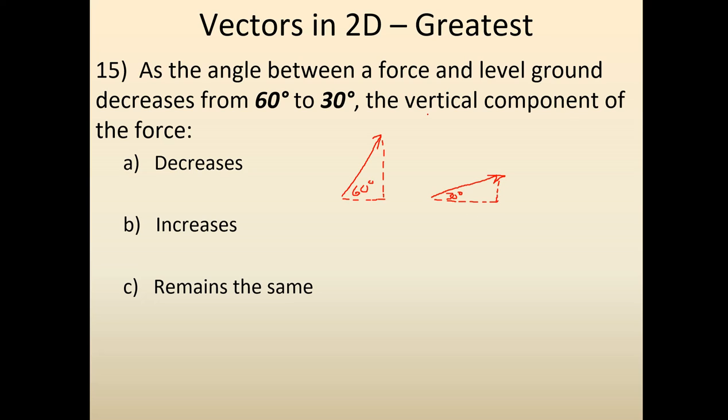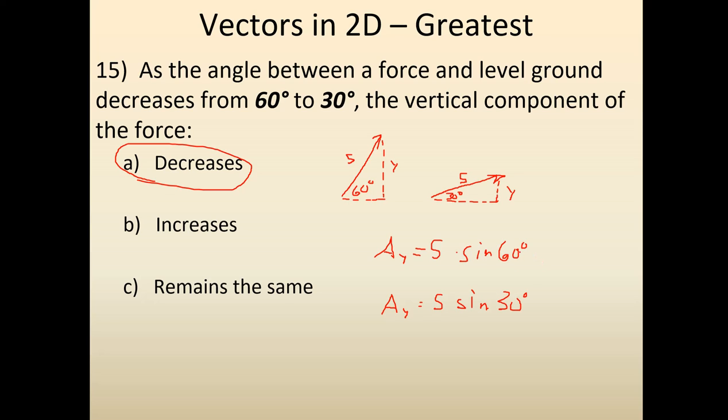So they're looking for the vertical component. So as it goes from 60 to 30, this side is very clearly decreasing. You could have also figured this out by just calculating it. So you could put a number here, let's say 5, and use the equation for the vertical component, 5 sine of 60, and then compare that to 5 sine of 30, and you would realize that the number does decrease.